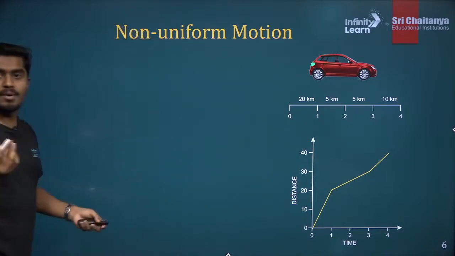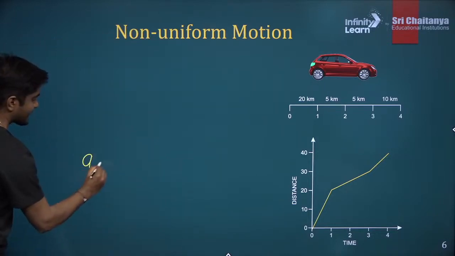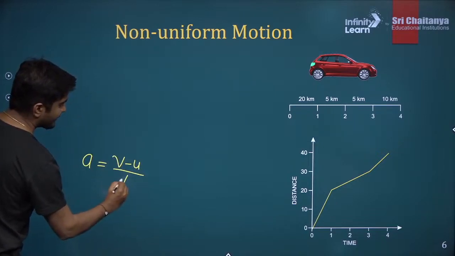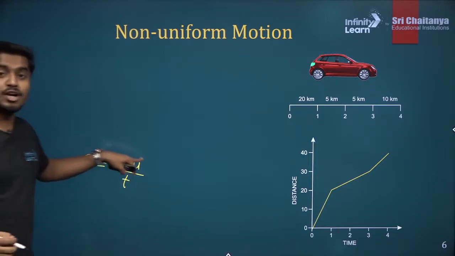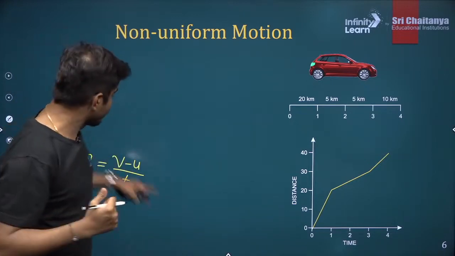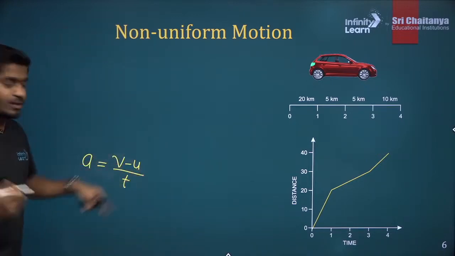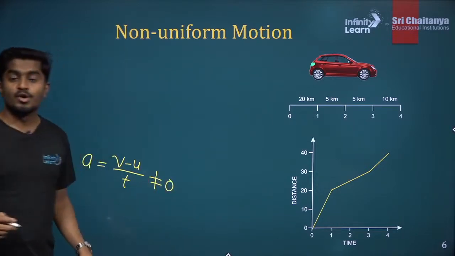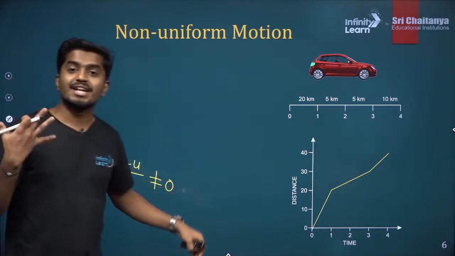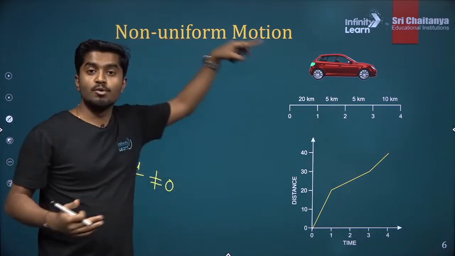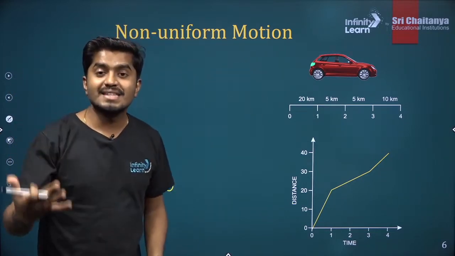Again, do you remember what is acceleration? Acceleration is final velocity minus initial velocity by time. If the final velocity and initial velocity are not equal, then this one is not equal to 0. So that means there is an accelerated motion. Wherever you see a non-uniform motion, that is nothing but accelerated motion.